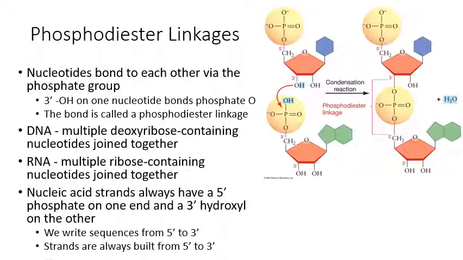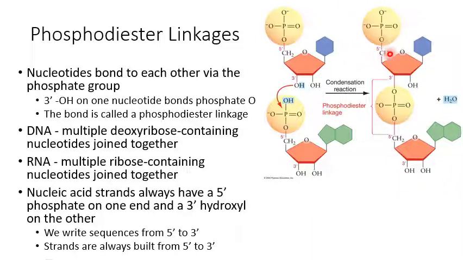And we always say that the 5' phosphate group is the front of a nucleic acid chain, and the 3' hydroxyl group is the end. So if you look at these two linked nucleotides here, we would say that the top is the front and the bottom is the end.